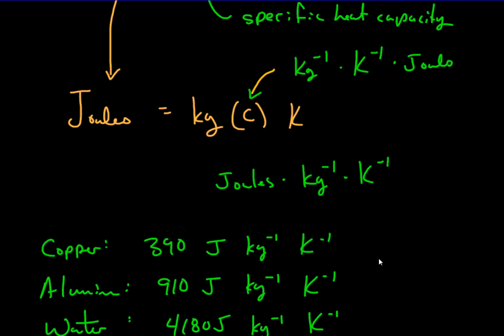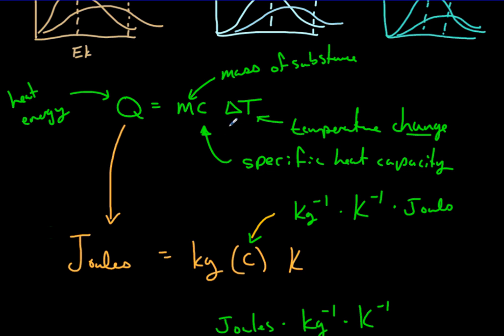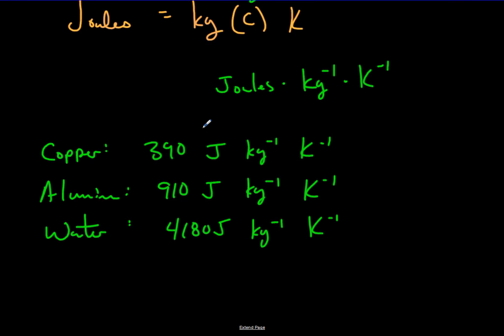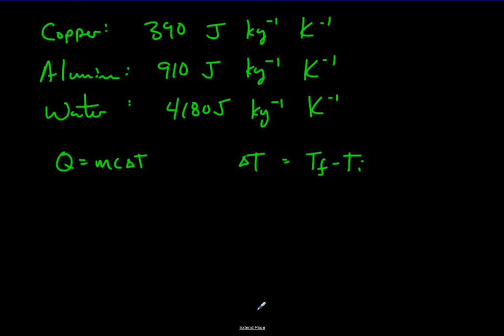So now if we go over here and we look at our little formula, we should be able to figure out what we need to do to figure out our final values, right? So Q equals MC delta T. I feel like we're running out of time here. Remember that delta T is equal to the final temperature minus the initial temperature, right? So let's just rearrange this formula to help us solve.